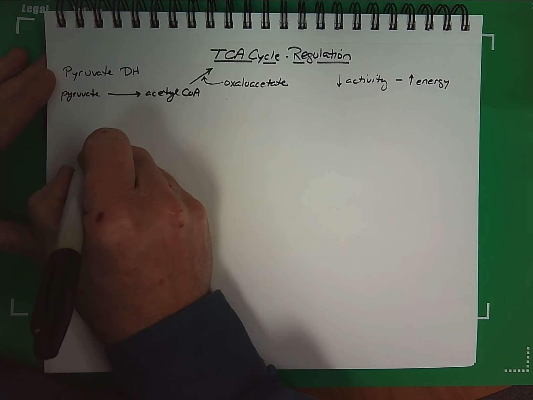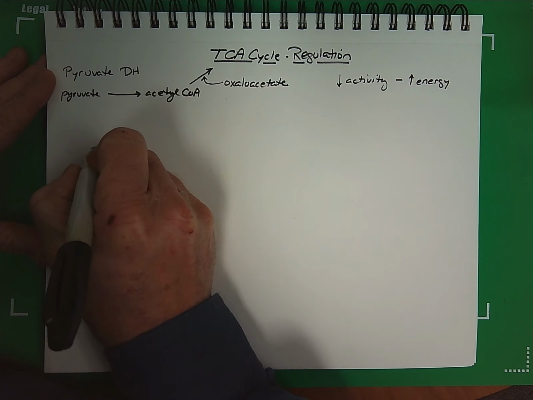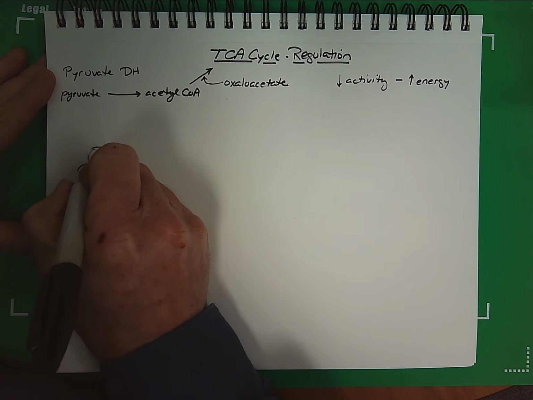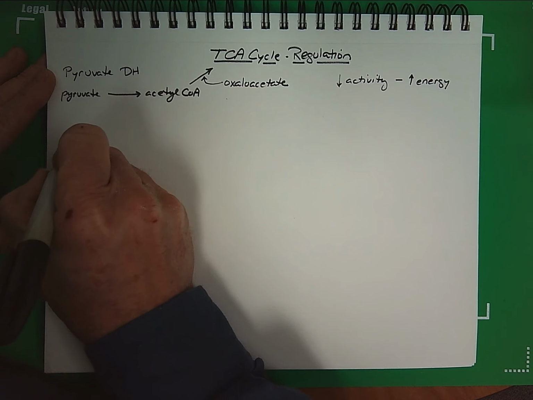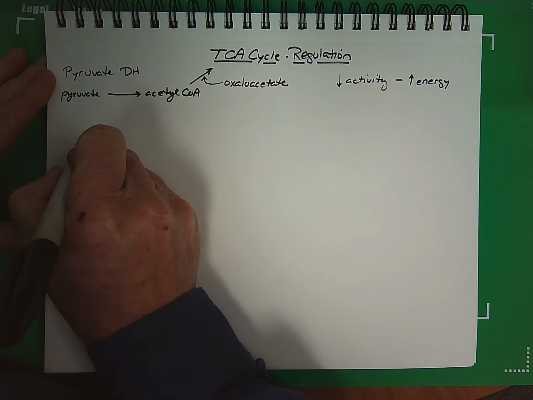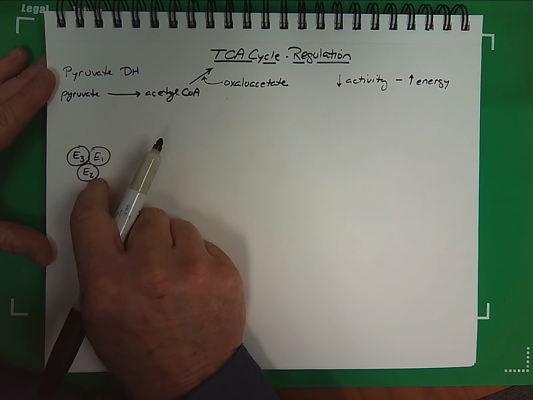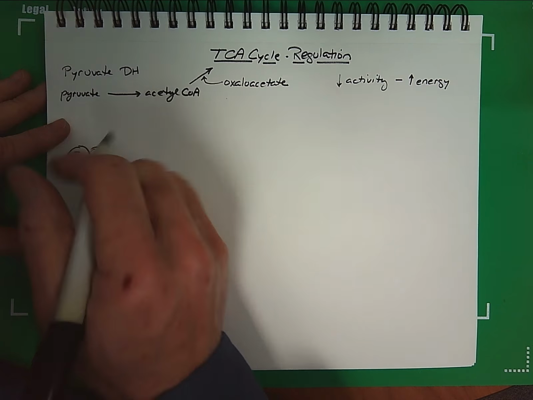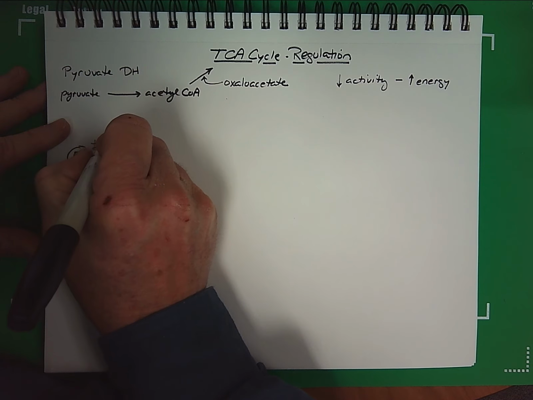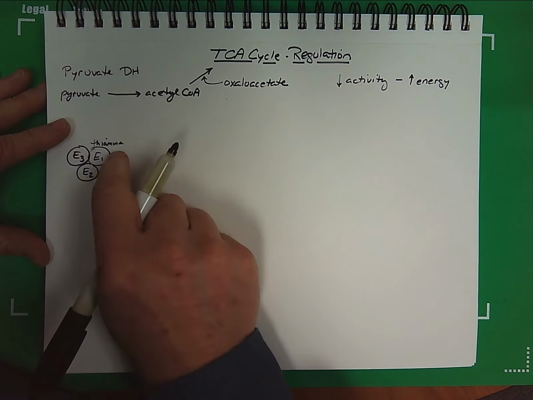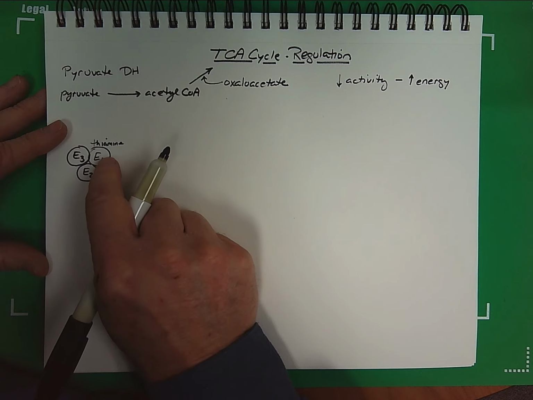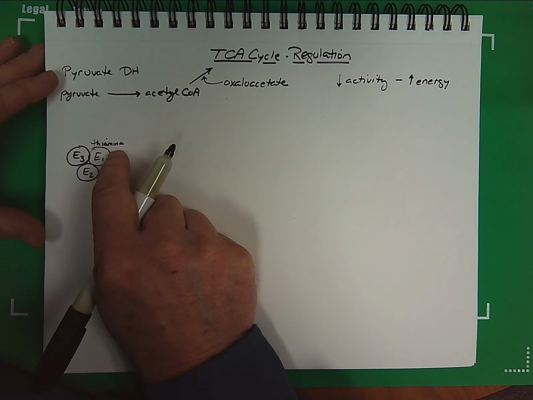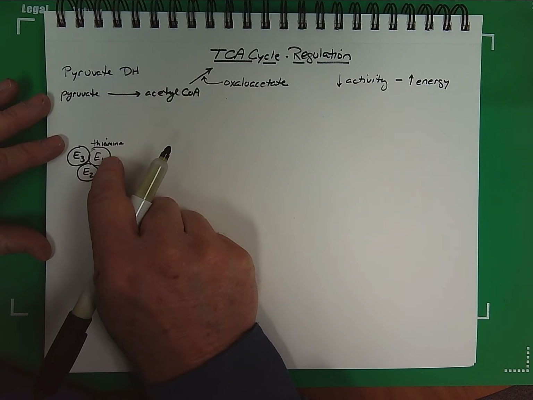Well, recall that there are three subunits to the PDH enzyme. These consist of E1, E2, and E3. Remember, the thiamine cofactor associates with E1 and mediates the decarboxylation reaction to place an acetyl group on the pyruvate, from the pyruvate into the complex itself.